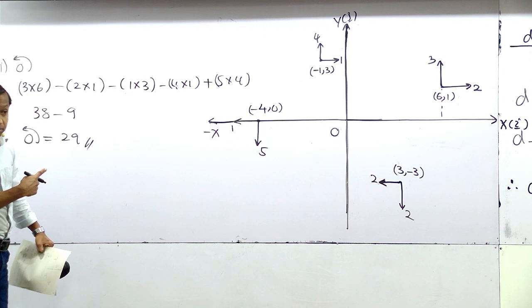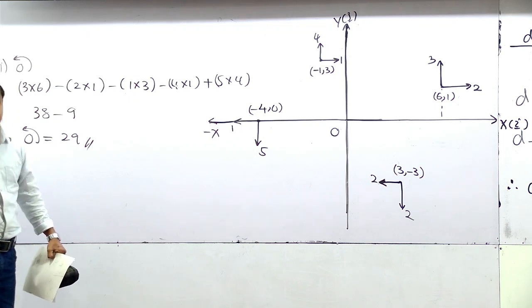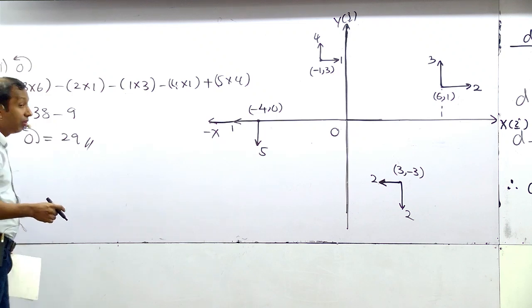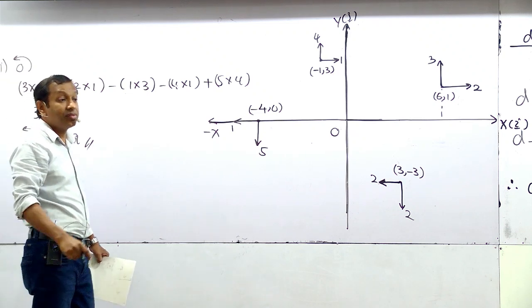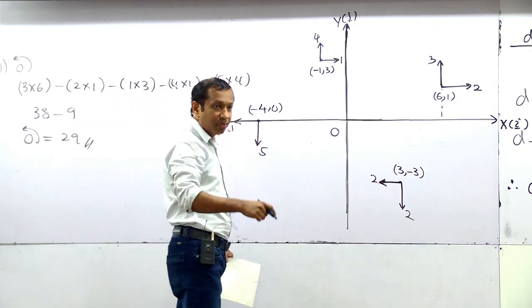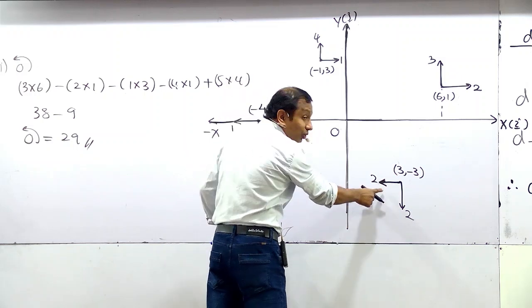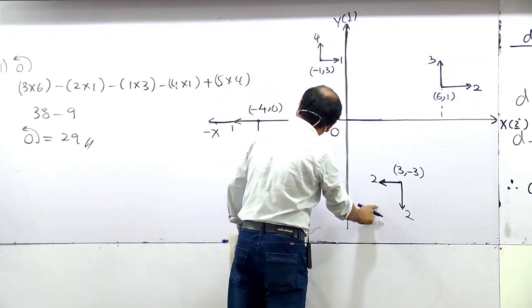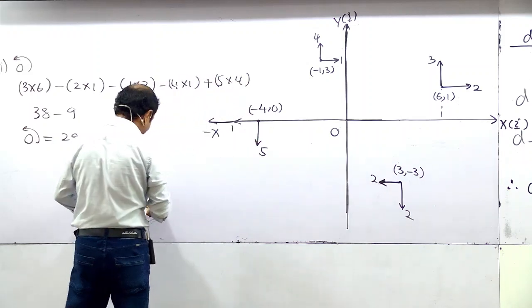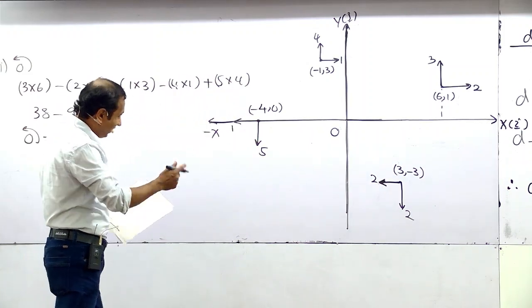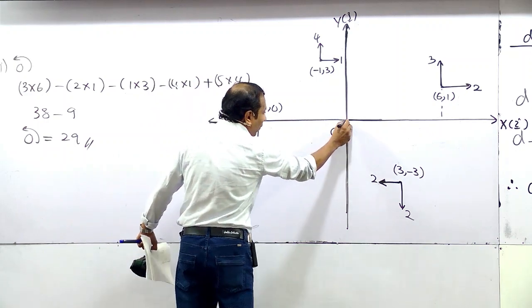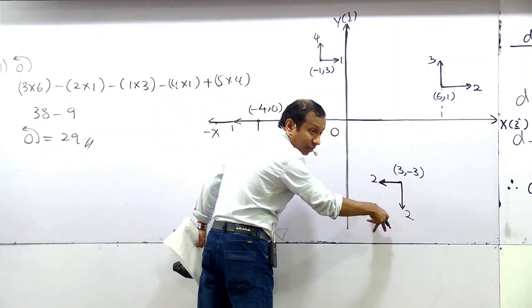Is this wrong? Who got this answer at the moment? Is it correct? Is it wrong? This force we didn't take. Yes, that's the problem. Around O there is another 2 we have.